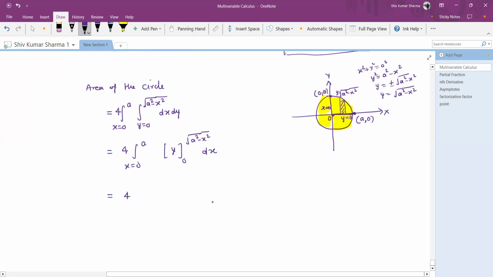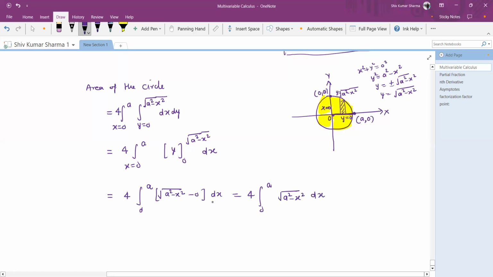So this is equal to 4 times the integral 0 to a, and when we apply the upper limit it gives us root a square minus x square, and the lower limit gives us 0, into dx. So this equals 4 into the integral 0 to a of root a square minus x square into dx.